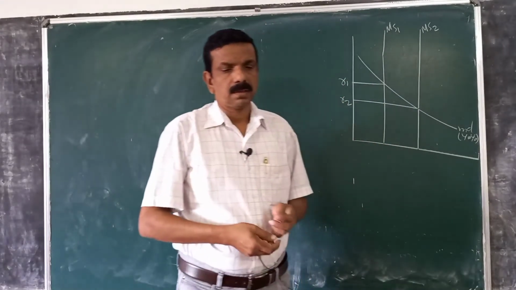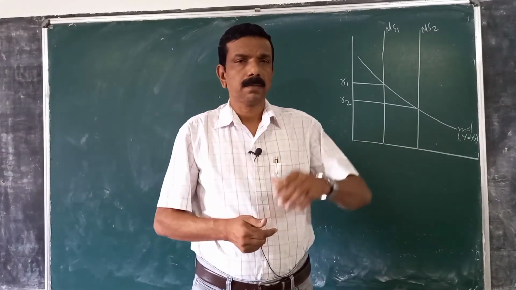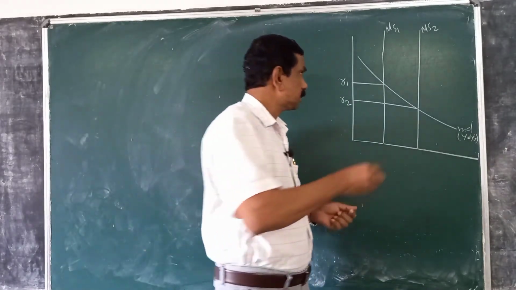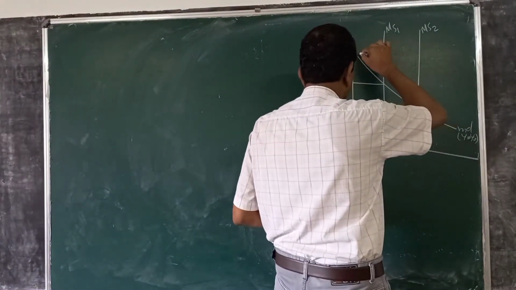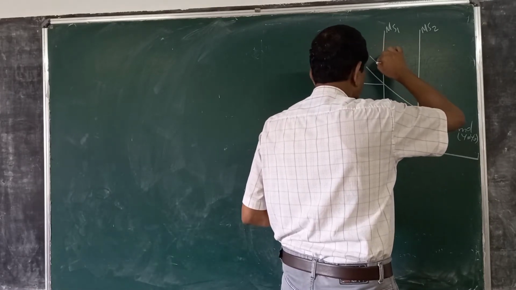Now we consider another change. Suppose that the level of income increases. An increase in the level of income is shown as an upward shift, as I told you, the vertical shift, like this.